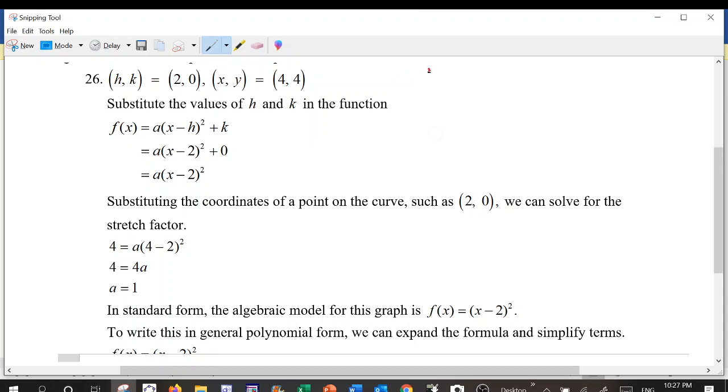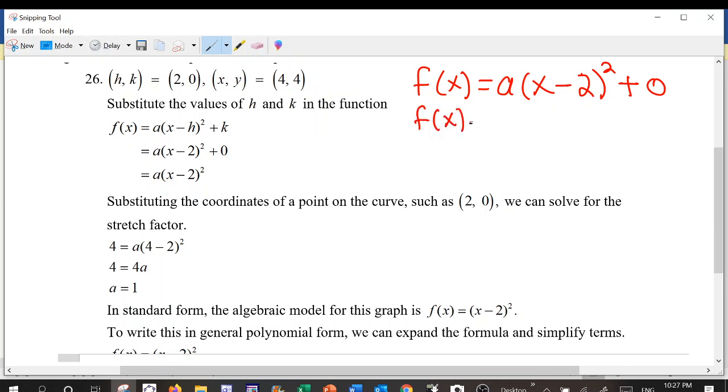So let's write it in standard form first. So it's a times x minus h squared plus k. So what is a? What is h and k? Well, h is 2 and k is 0. And we don't know what a is. So basically what we have is a times x minus 2 squared.